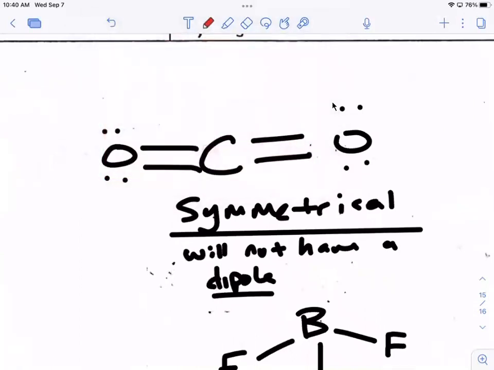Which direction should that arrow be going? Towards oxygen or towards carbon? And how do we know which direction a dipole arrow should go? It's going towards oxygen because that's the more electronegative atom, exactly. And it's doing the same thing on the right.